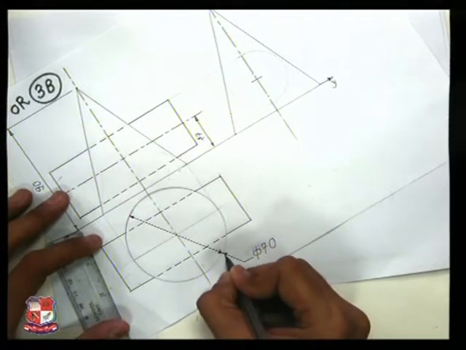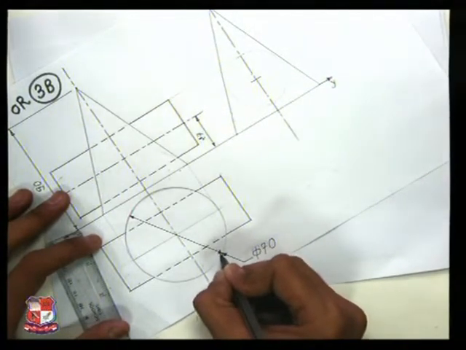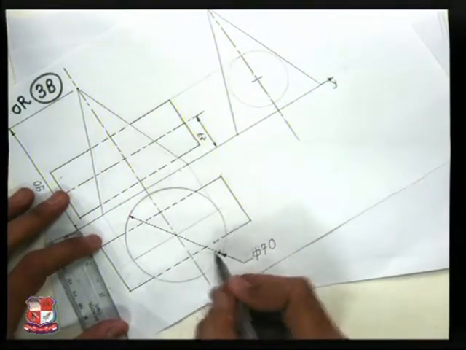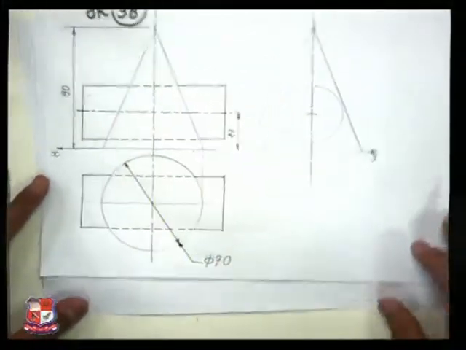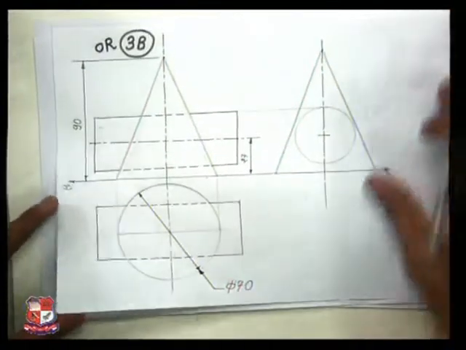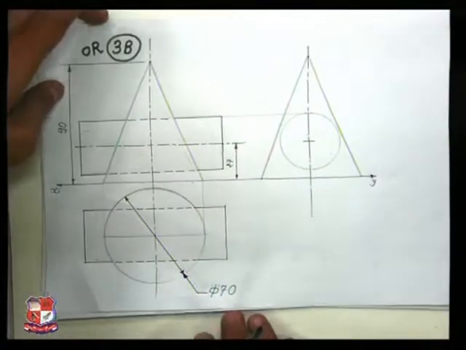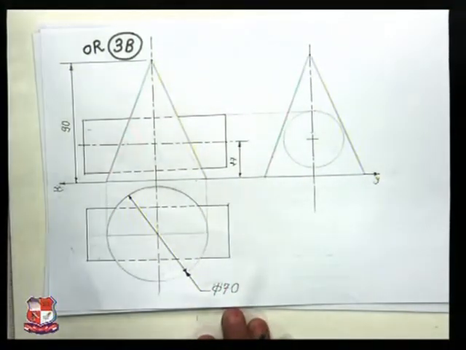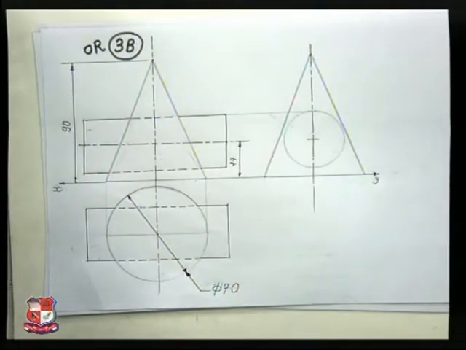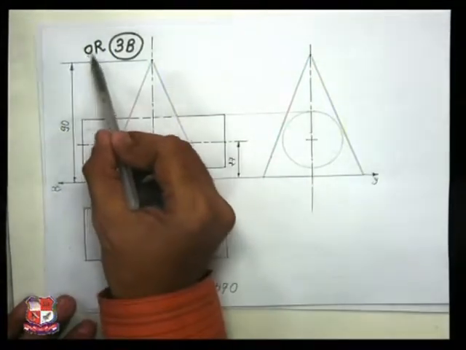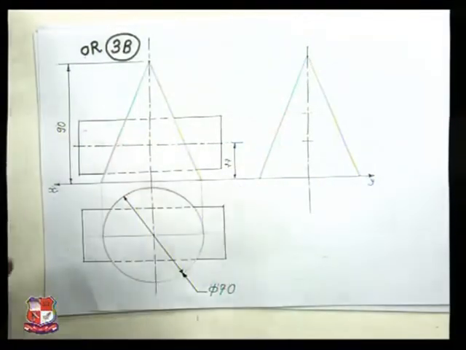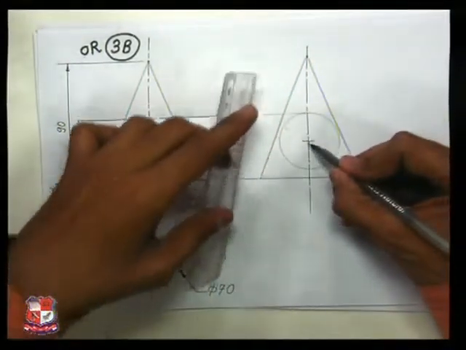It represents that it's a diameter parameter, and here radius dimension should not be inserted. We should not write radius is 35. Of course its radius is 35 millimeter, but as per standard notations the diameter is to be inserted in the given drawing. You should mention question number 3b, that means it's asked as an option in question number 3b.